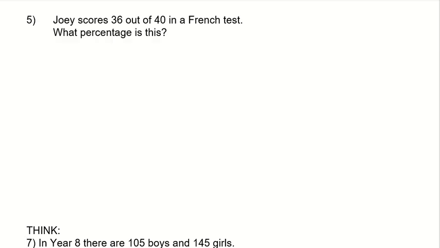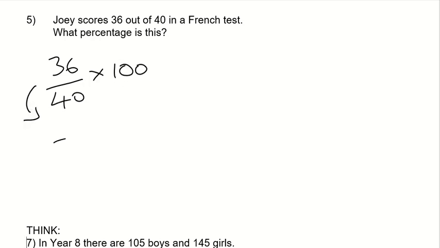First one I could use is the 36 over 40 multiplied by 100. I could actually reduce this to get my denominator as 20 by dividing by 2, which would give me 18 over 20 times by 100.